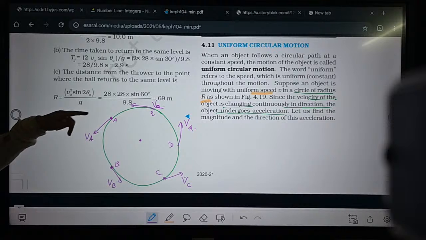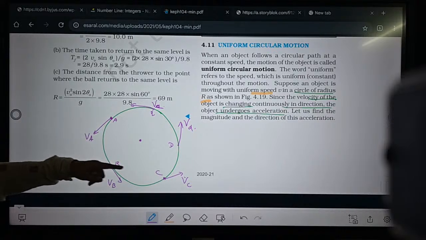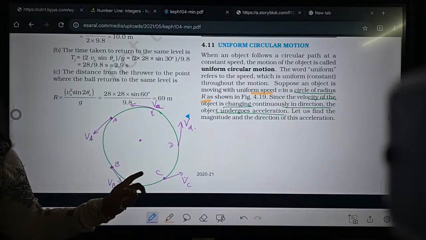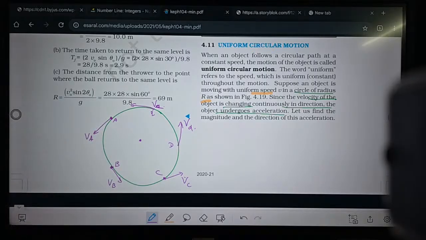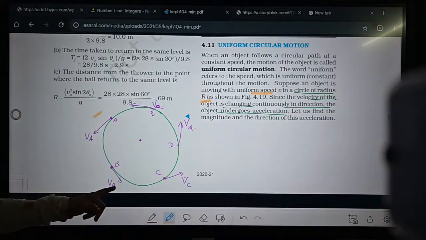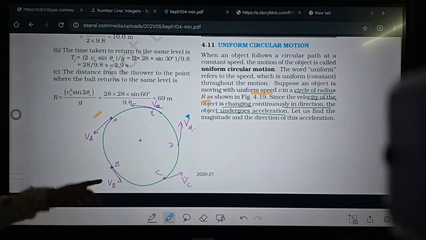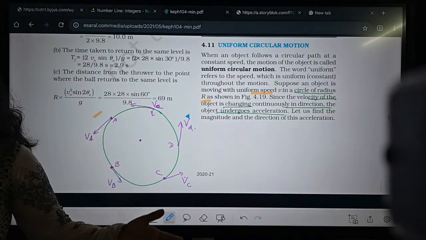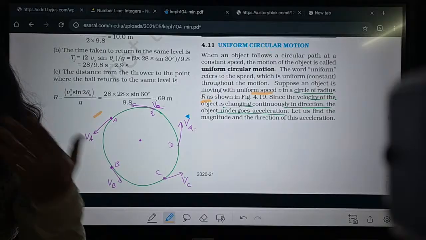Okay. And if you see this velocity, the velocity direction changes. So the direction is involved. Suppose it is the speed of a particle, its direction is changing. Got it? So direction is involved in the movement of a particle, the path of a particle, so we can say the velocity is there.